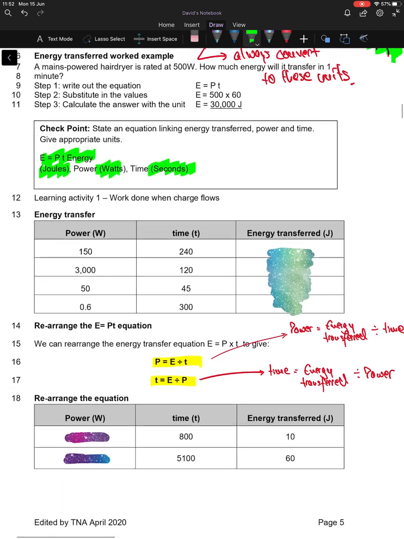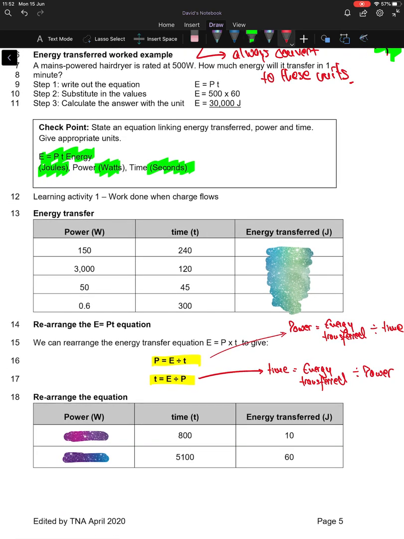Right. Let's have a little look at applying these initially. So to begin with, we've got an equation here. Energy transferred equals power times time. So in this column, we don't know energy, but we do know T, and we do know P. So have a go for me quickly.